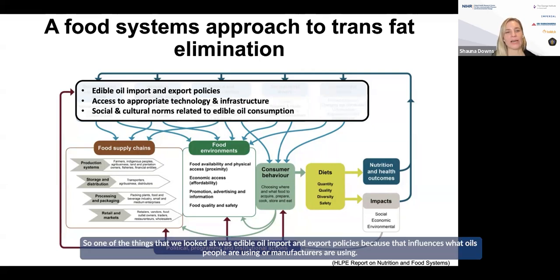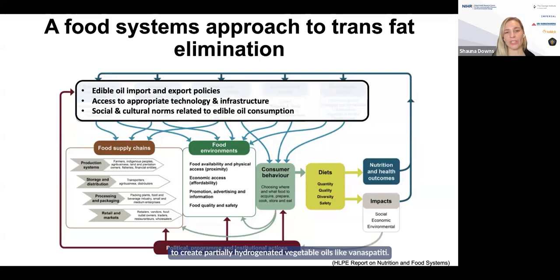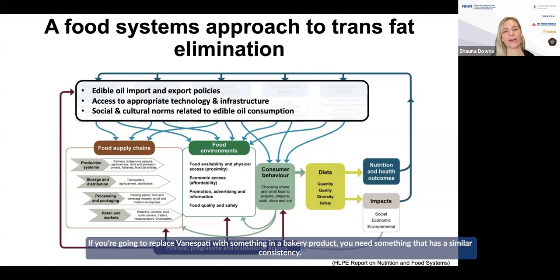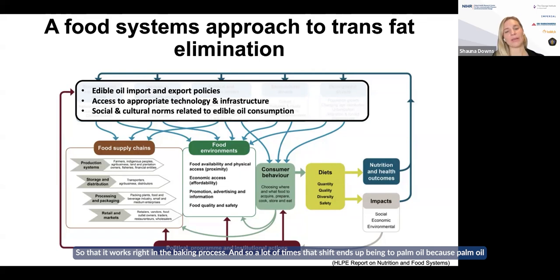One of the things we looked at was edible oil import and export policies, because that influences what oils manufacturers are using to create partially hydrogenated vegetable oils like vanaspati, as well as the ability to replace those oils with something healthier. For example, if you're going to replace vanaspati in a bakery product, you need something with a similar consistency so that it works in the baking process.